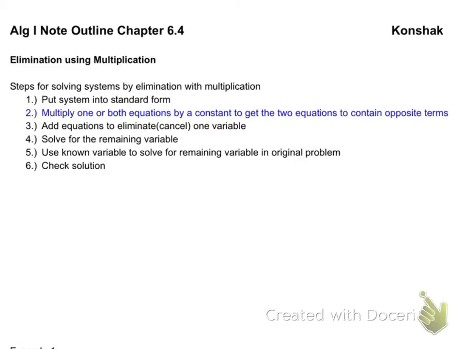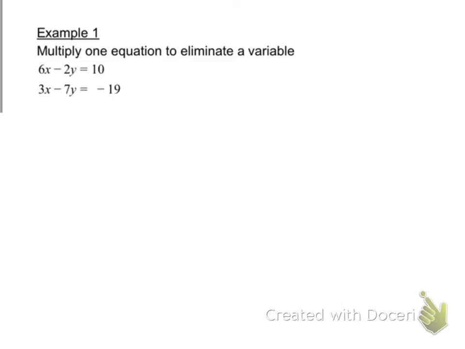So let's put this to practice. The first example, guys, I'm telling you, you only need to multiply one of these equations to get it to eliminate. Now, I've said before that you could use substitution for a system.